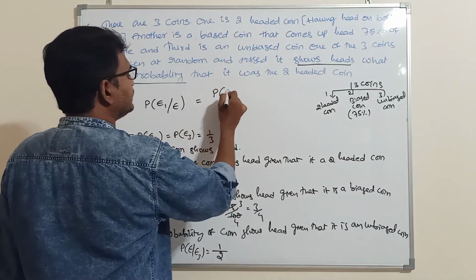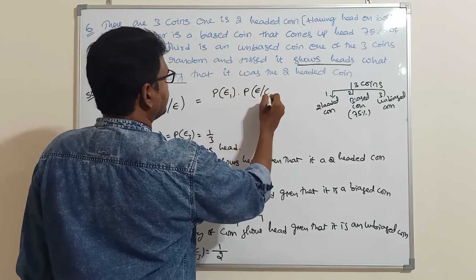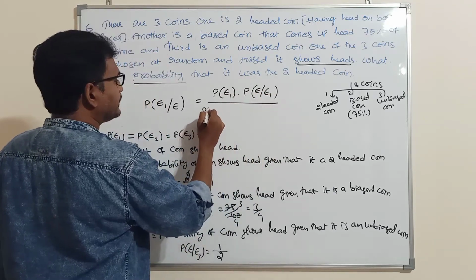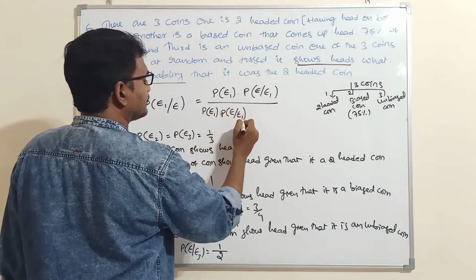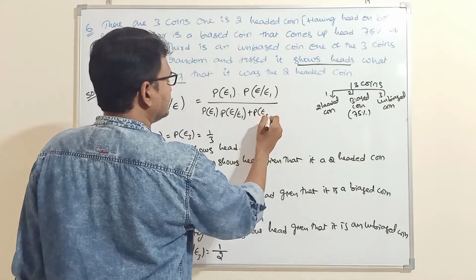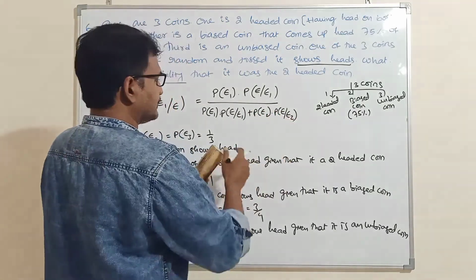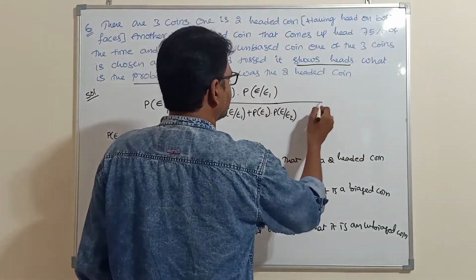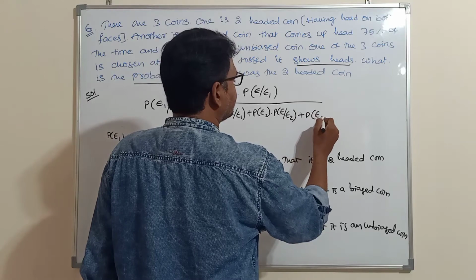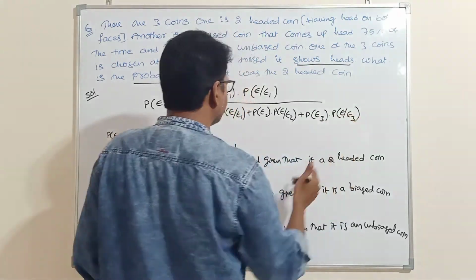P of E1 into P of E given E1, divided by P of E1 into P of E given E1, plus P of E2 into P of E given E2, plus P of E3 into P of E given E3.